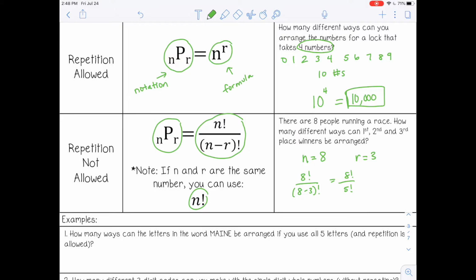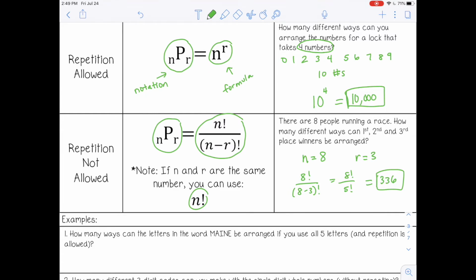All right, and then go ahead and type in 8 factorial divided by 5 factorial. All right, and you should have gotten 336.